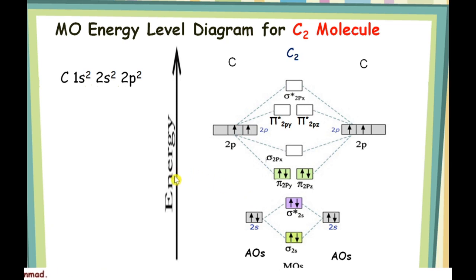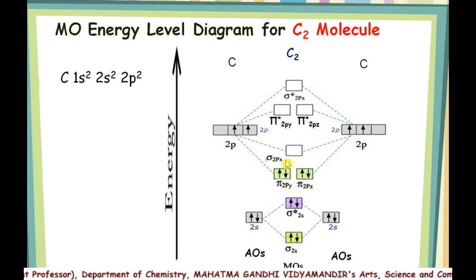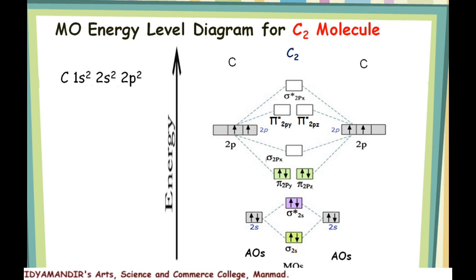While writing the molecular orbital electronic configuration of the C2 molecule, for the 1s2 electrons of each carbon atom, a letter K is written. The remaining 8 electrons are filled into the molecular orbitals by following Aufbau principle and Hund's rule of maximum spin multiplicity.